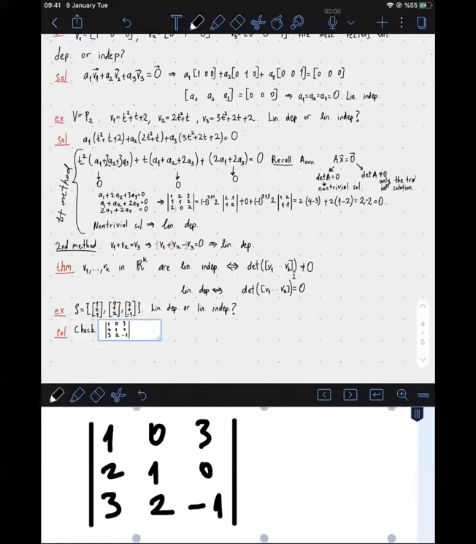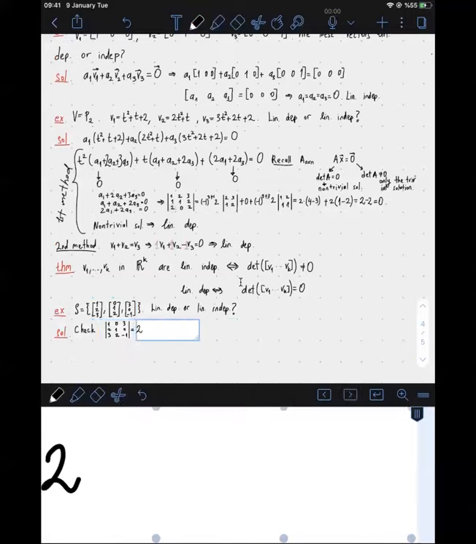If it is not 0, then they are linearly independent. Wait a minute, did I write them right? 3, 0, minus 1, 0, 1, 2. Yes. So this determinant is really 2. What does this mean? These vectors are linearly independent.